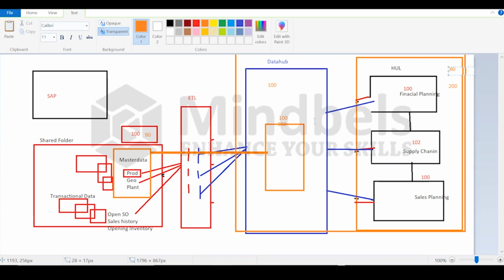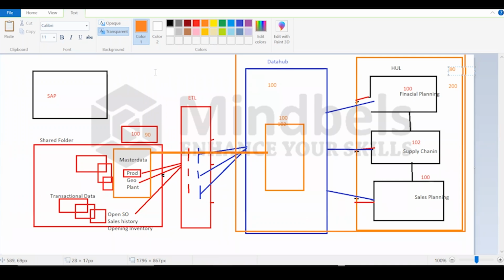Now, in real time, this data hub model you are creating, is it in the same workspace? Let me tell you one thing. Is this data hub model created within the same workspace, or in a separate workspace?